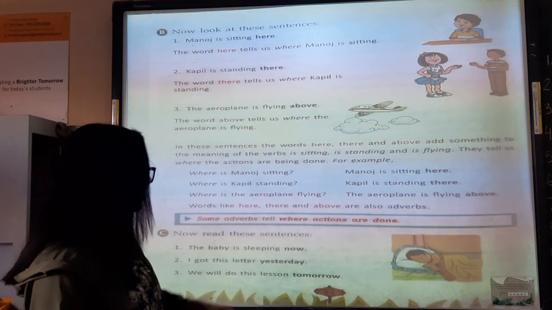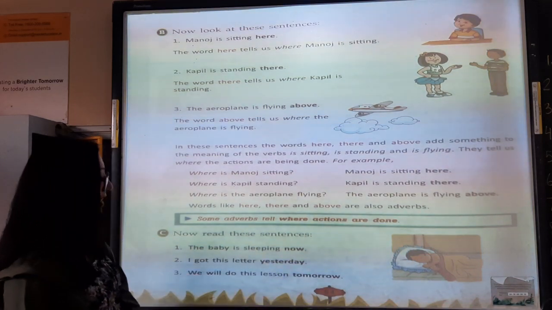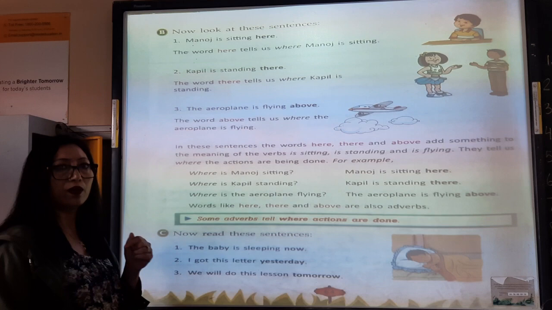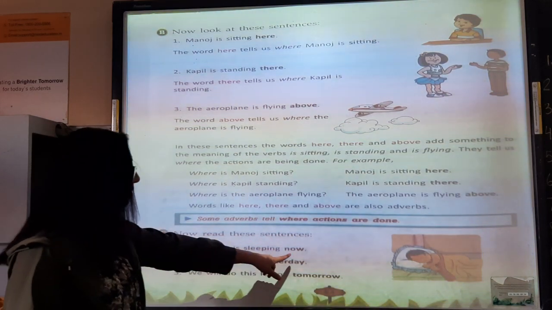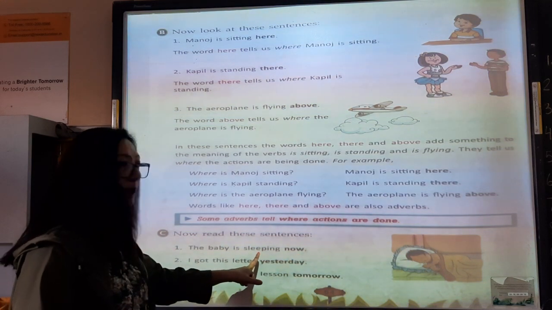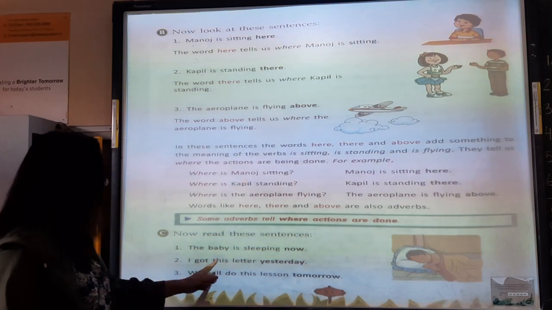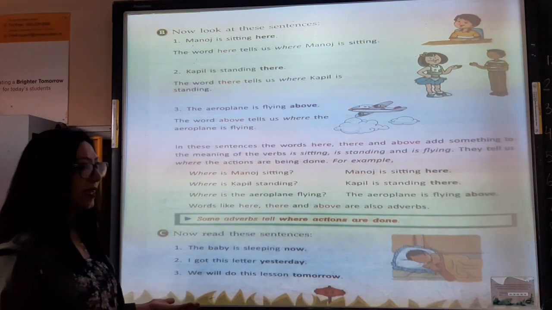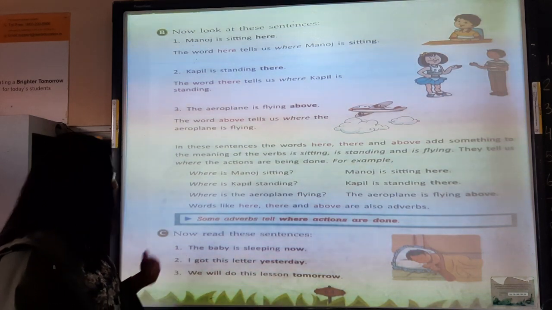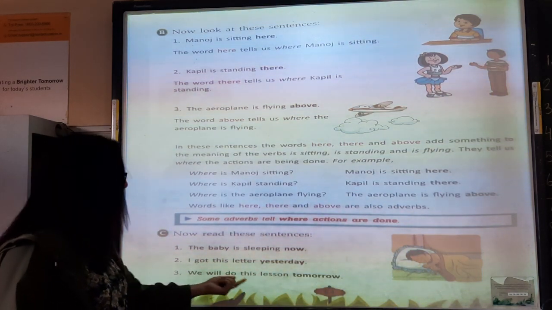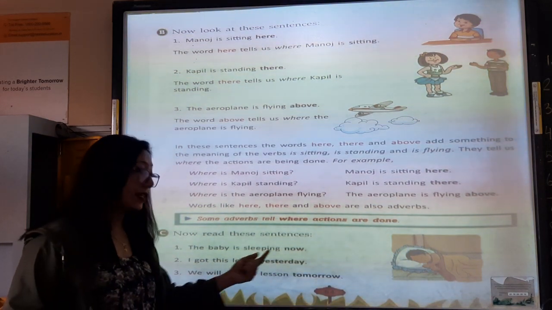Now read these sentences. The baby is sleeping now. What is the baby doing? Sleeping. So, is sleeping is the verb. When? Now. I got this letter yesterday. When did you get the letter? Yesterday. We will do this lesson tomorrow. When will you do the lesson?